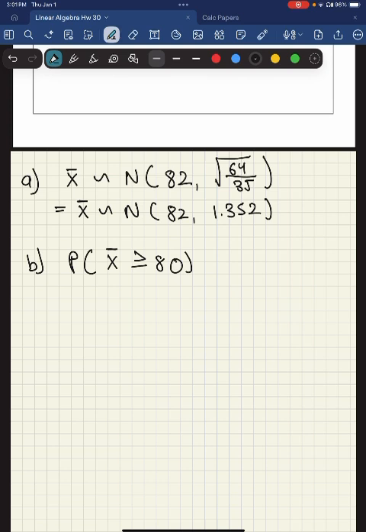In normal distributions, it does not matter if a value is greater than or equal to something or just greater than. So this is equal to the probability x bar is greater than 80, which is 1 minus the probability that x bar is less than or equal to 80.